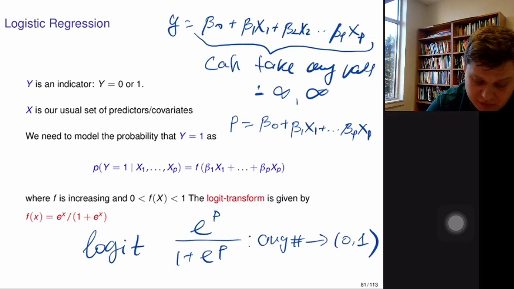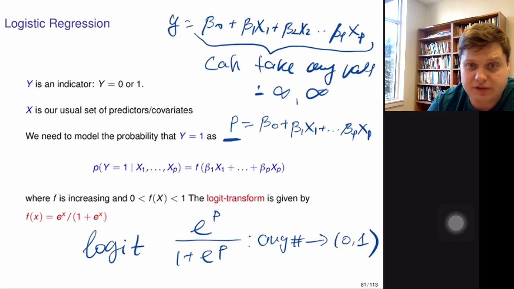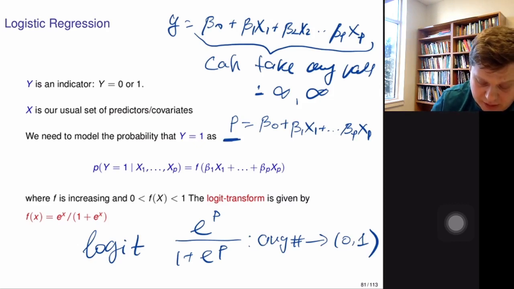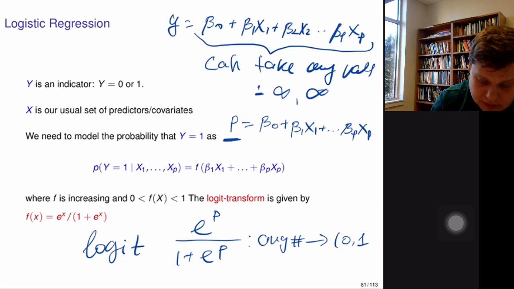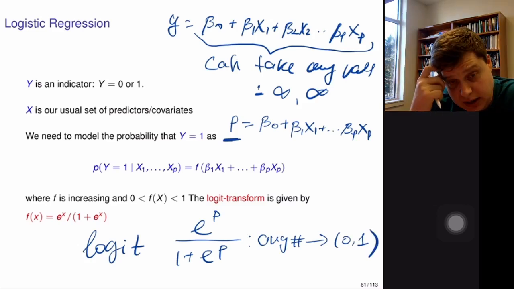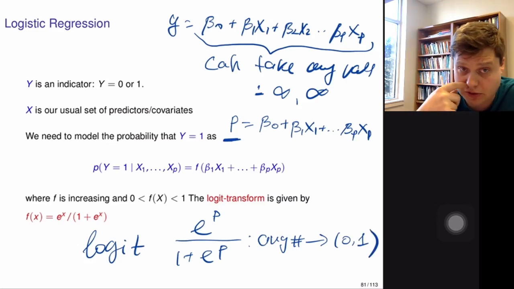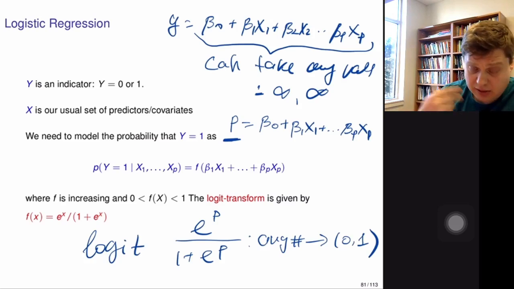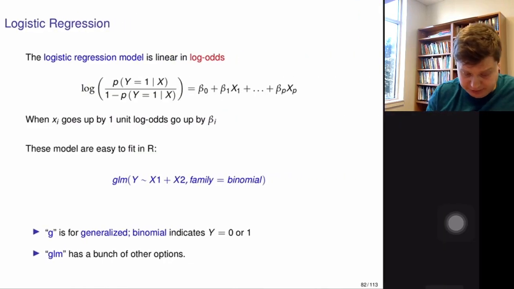First we calculate p, which gives us any number between minus infinity and infinity. Then we apply this logit transformation to it, and we get a number between 0 and 1. We just added one extra step to the modeling process.